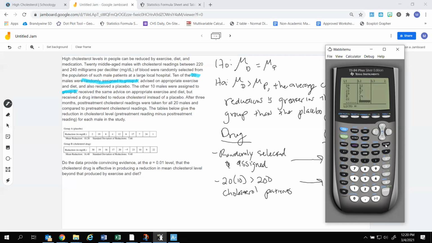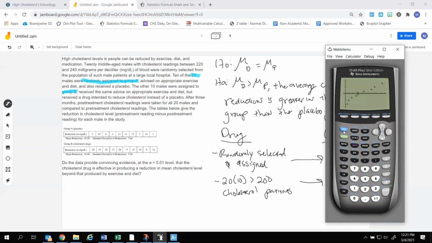All right. So we have our information put into list one and list two. We have to look at both normal plots separately to make sure that we're going to be okay here. First, I'm going to look at the normal plot in list one. Looks pretty solid. Now we're going to look at list two. We go to our data list and swap it to list two, push second two, and now the normal plot will be list two instead.